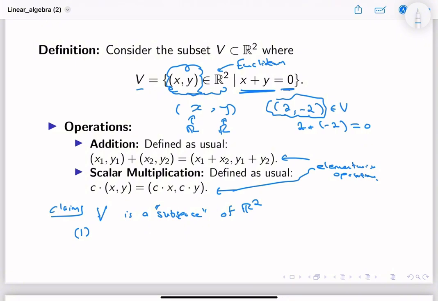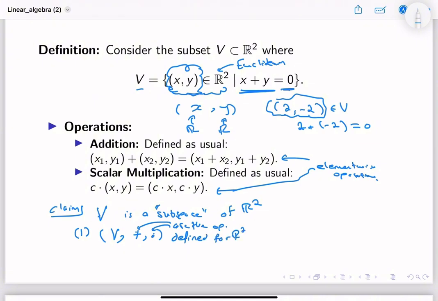In other words, what is the addition and scalar multiplication that we're using for V, and is V closed under these operations? Well, for V we're going to take the plus and the dot, and these are the operations defined for R2.